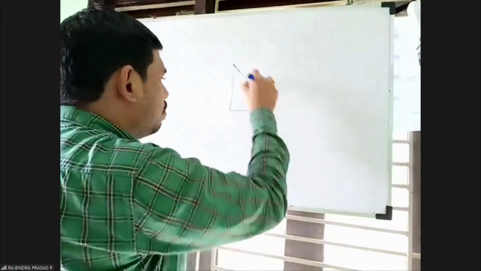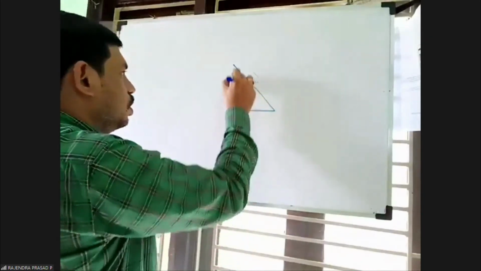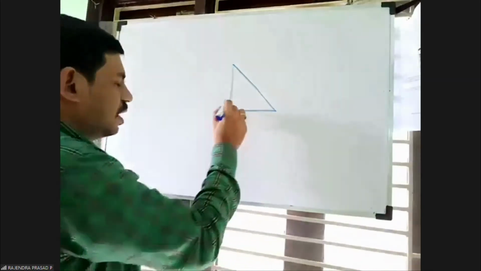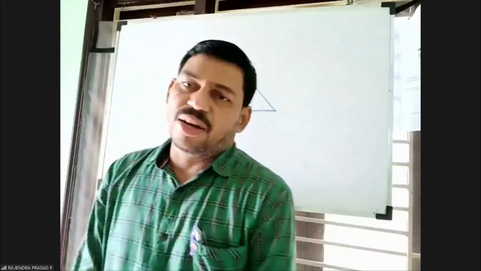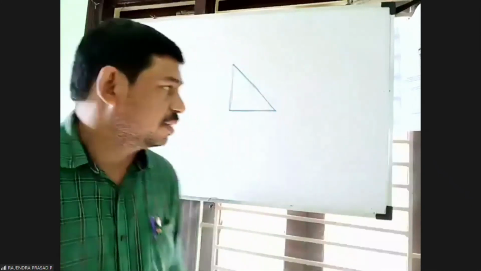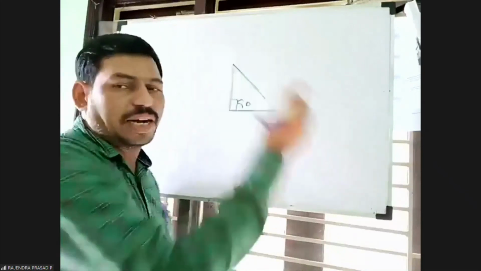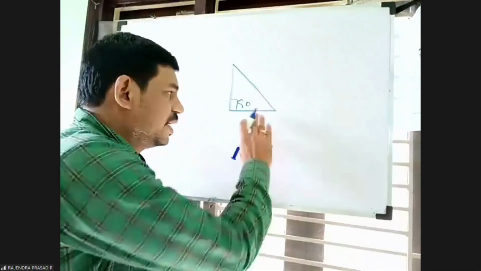Next one: three rods. Three identical rods arranged in the form of a right angle triangle, or an equilateral triangle.